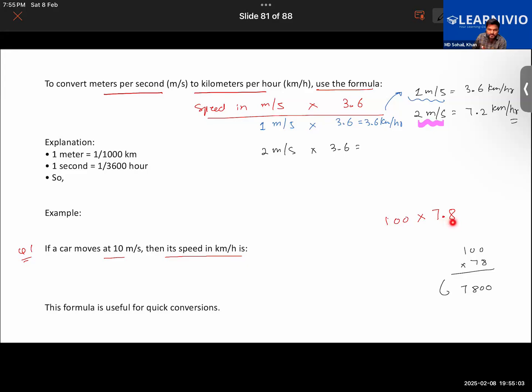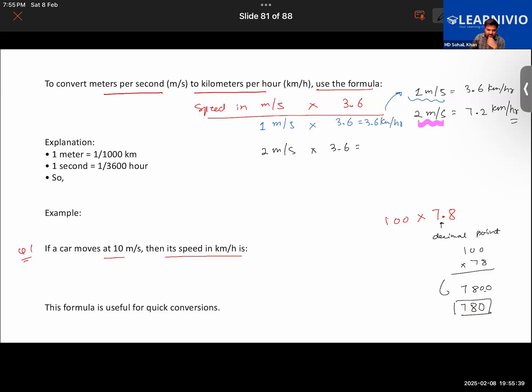Only one. So starting from the right, you're going to put a decimal point after one digit. Getting it? So this one is going to be 780. So there won't be any decimal point? No, you don't write the decimal point. You simply write it as 780.